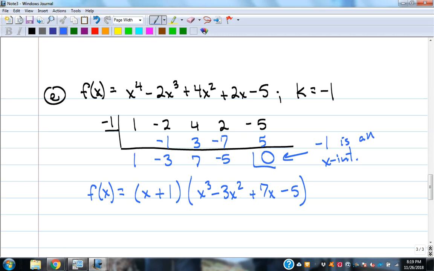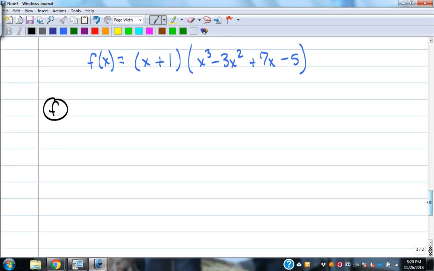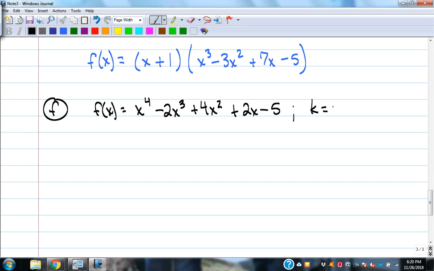Let's try this. Same polynomial, and let's use a complex one, to see if we can break it down that way.